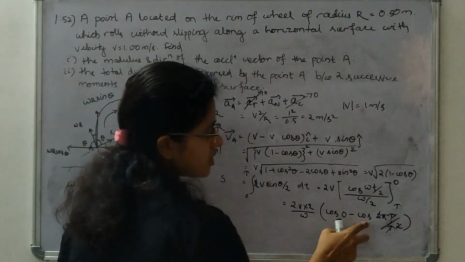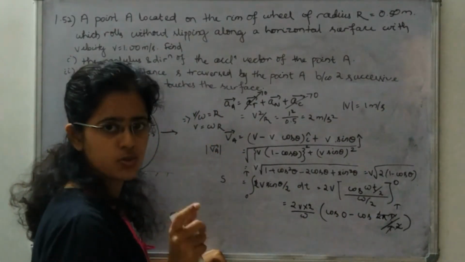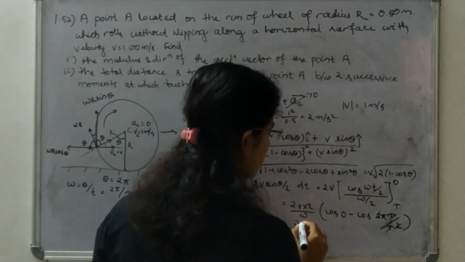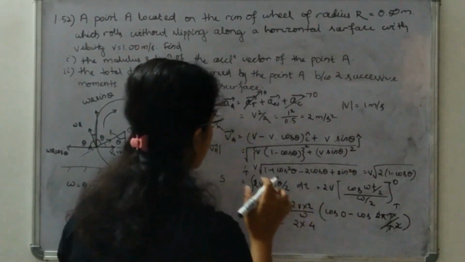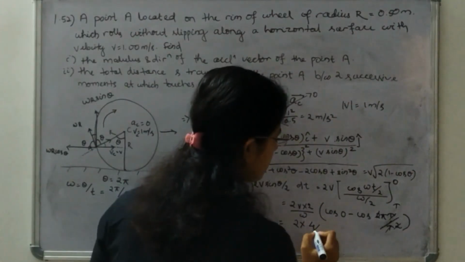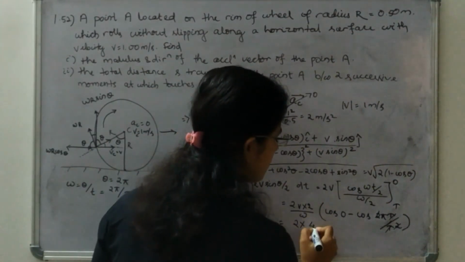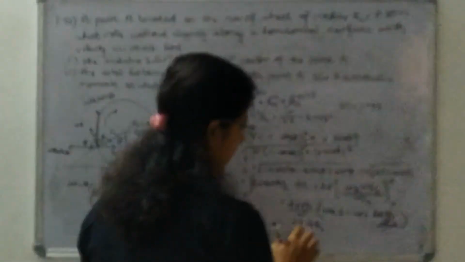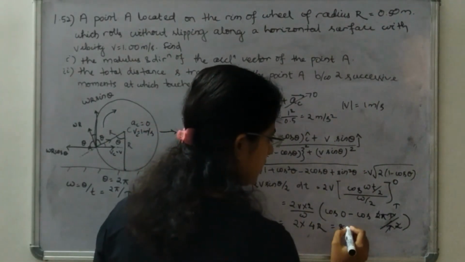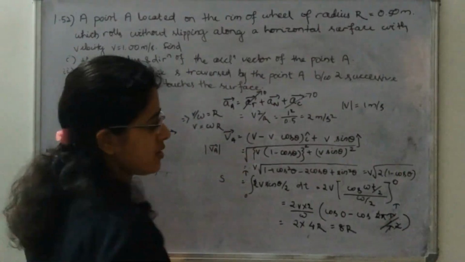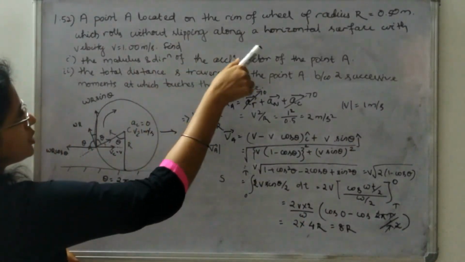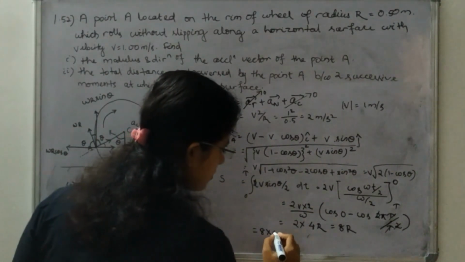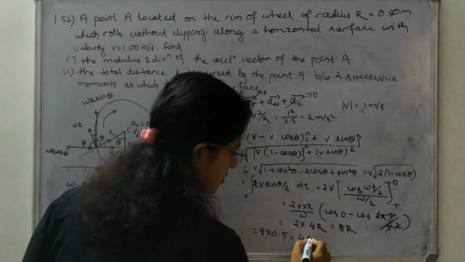So 1 minus of minus 1, that means 2. 1 plus 1, 2. 2 into 4, V divided by omega is R. Okay. So 8 into R. R value is how much? 0.5 meter. So 8 into 0.5, that is 4 meter.